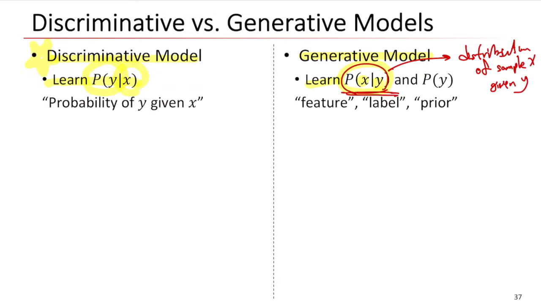And then we can find this probability, and we also need the probability of each class. In this case, x is called the feature, y is called the label, and p(y) is called the prior.